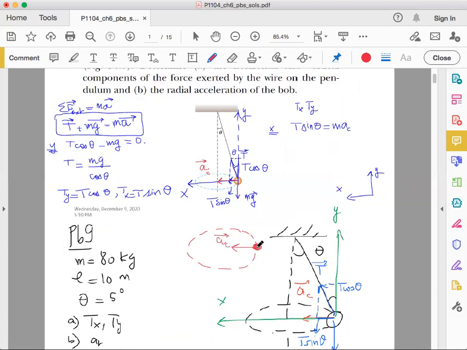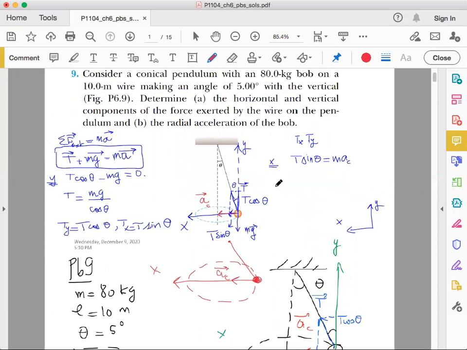If you take the bulb at this position, on the right-hand side of the circular path, then this would be its centripetal acceleration. It's just the wire connected to the ceiling, and then this AC is just along the x-axis, which we have taken to be pointing leftward.